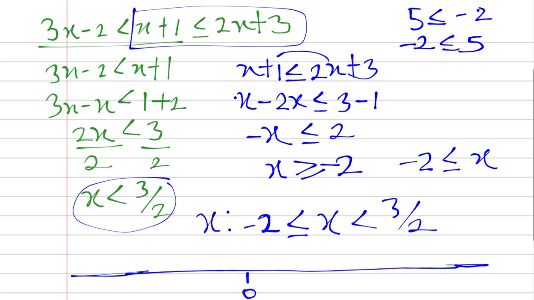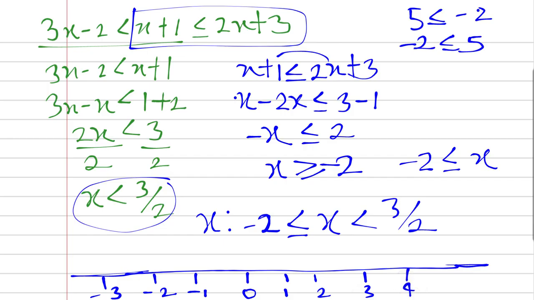This is the negative part, so minus 1, minus 2, minus 3. Then 3 over 2 is on the positive side. So let's say this is 1, this is 2, this is 3, this is 4.